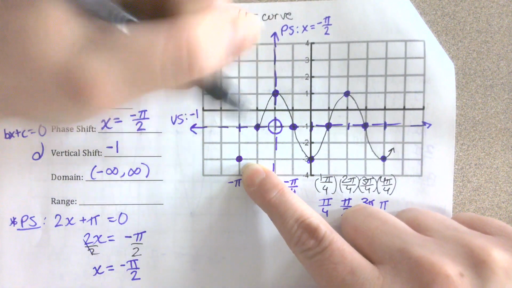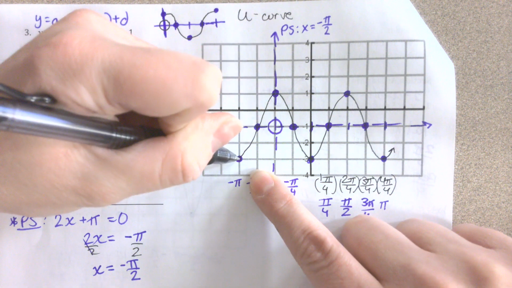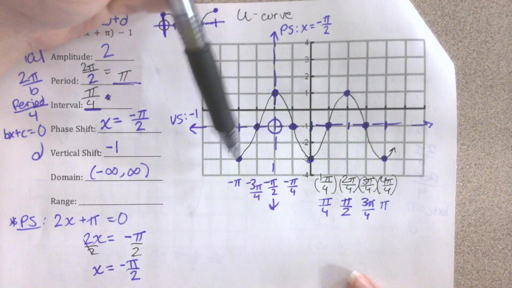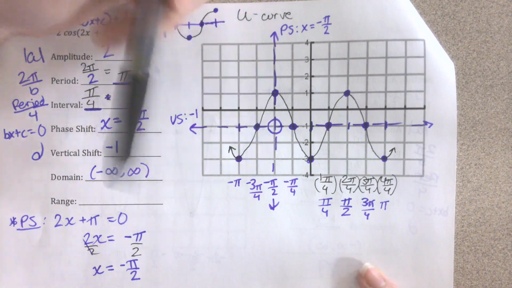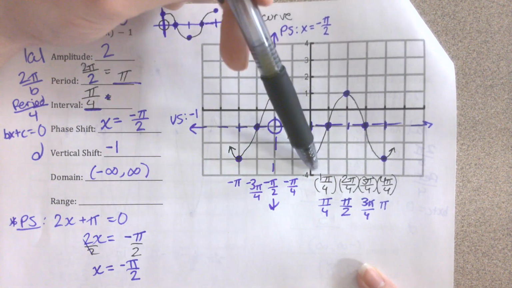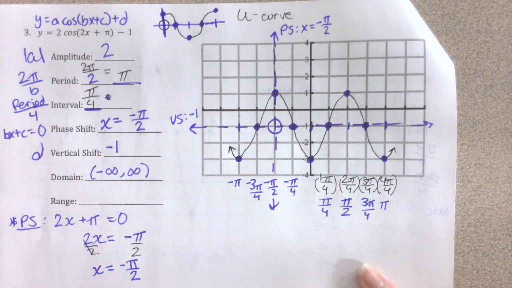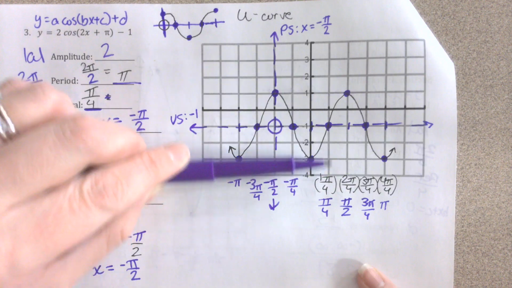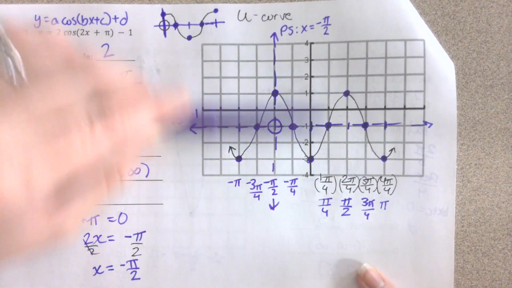And finish the curve. And then it would go back up from there. Once again, make sure you have 9 points on your graph before you move on: 1, 2, 3, 4, 5, 6, 7, 8, 9. Range, this toggles between negative 3 and positive 1 on the y-axis.